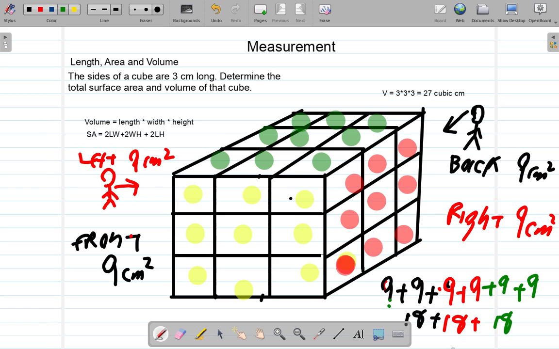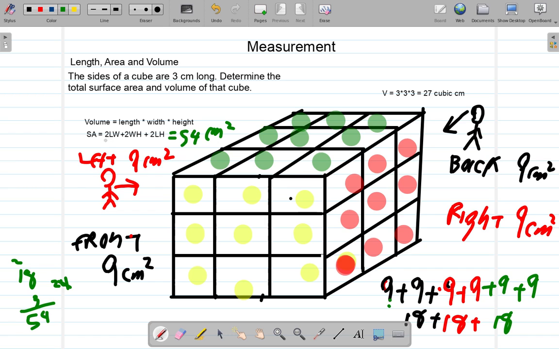Now this 18 by 3, let's calculate it over here. 18 multiplied by 3, 3 times 8 is 24, bring down the 4, carry 2, 3 times 1 is 3, plus 2 is 5. 54. So the surface area here is 54 centimeters squared. We see the volume as 27 already.